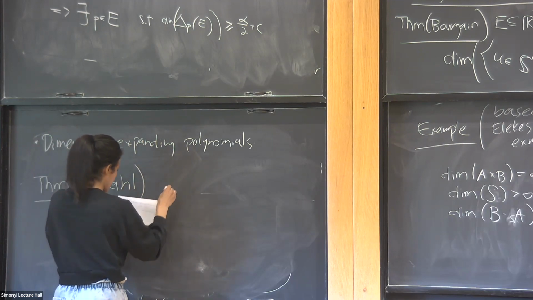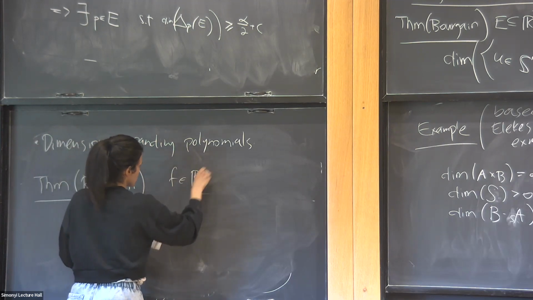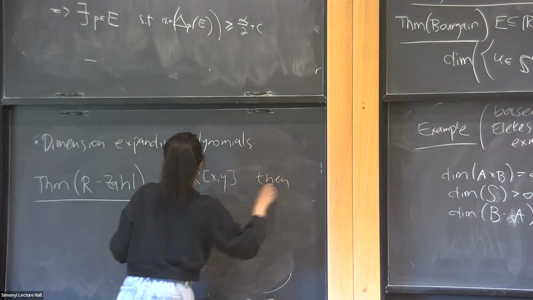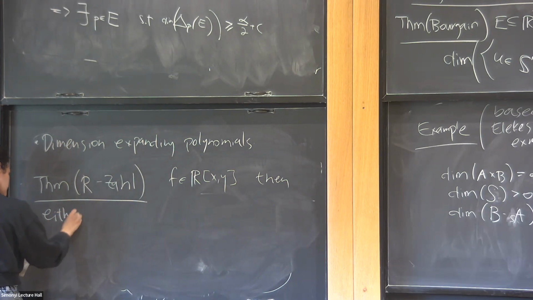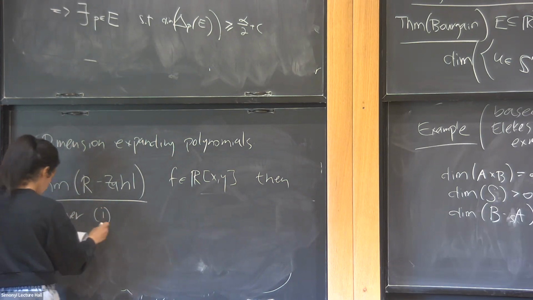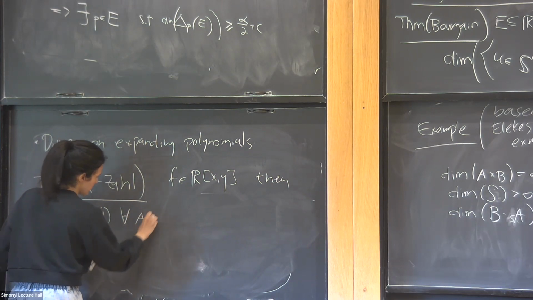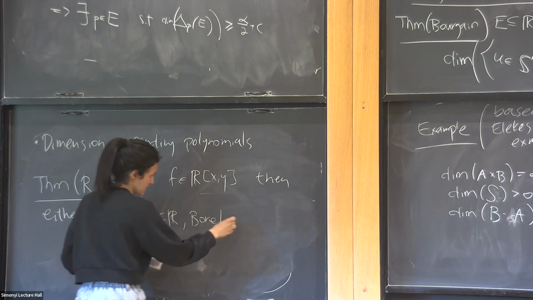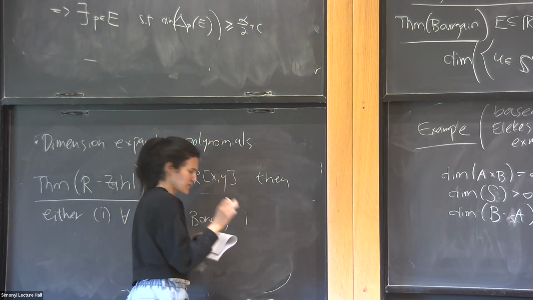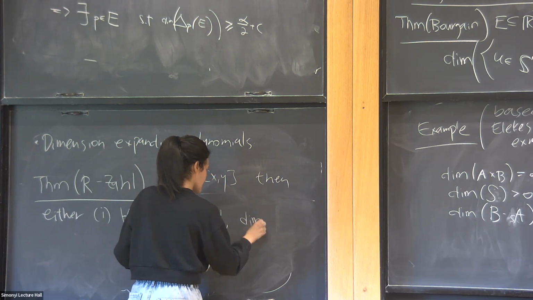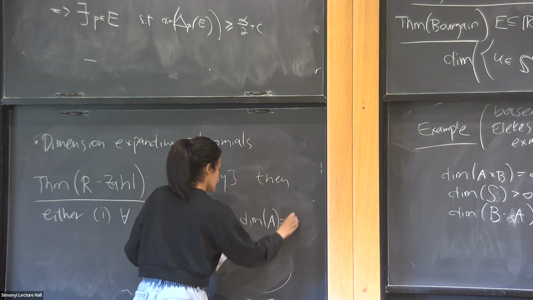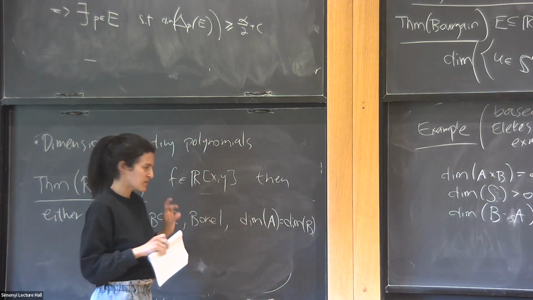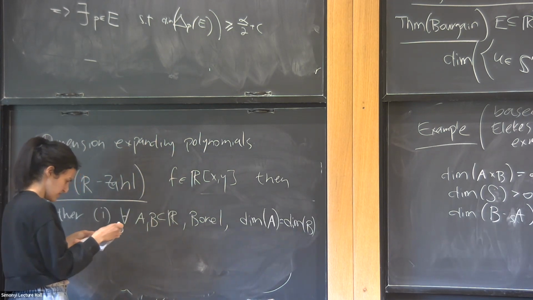So f is a polynomial of 2 variables. Then either, first option, for any 2 sets A and B in R, with the same dimension, the dimension of A is the dimension of B. They don't have to have exactly the same dimension, up to some epsilon it's okay, but we don't try to have different ones.